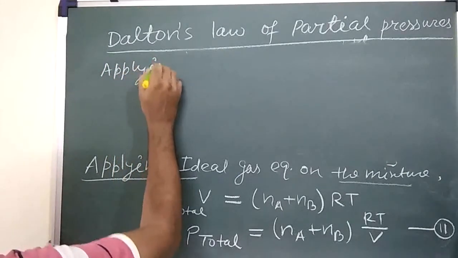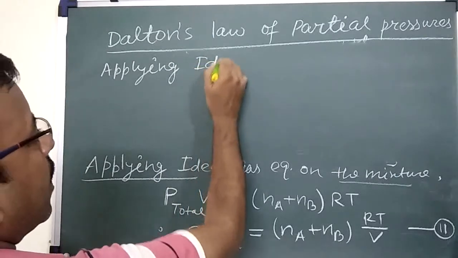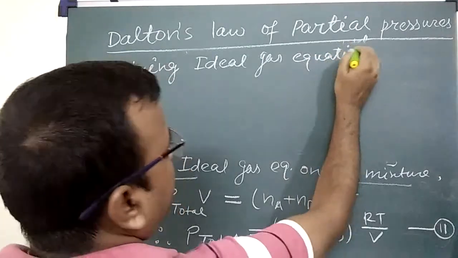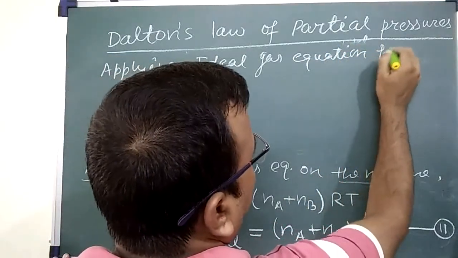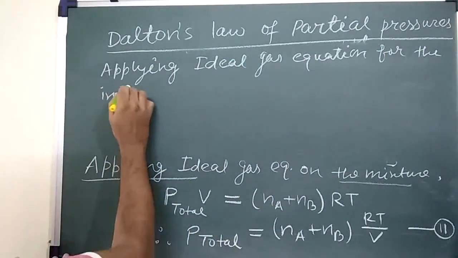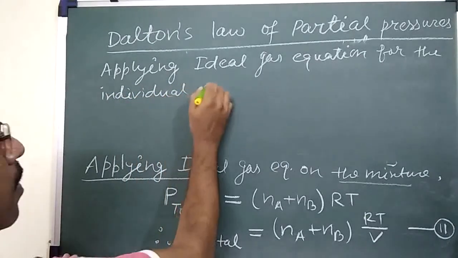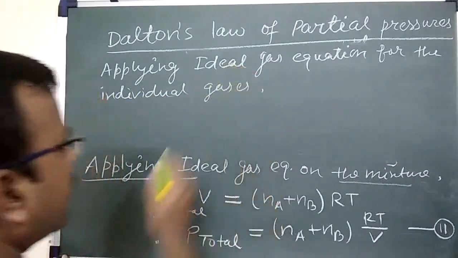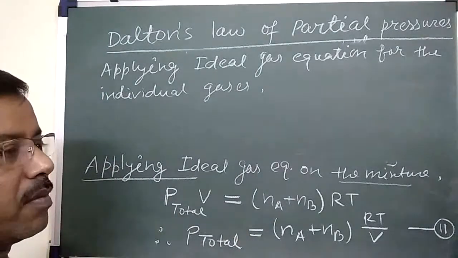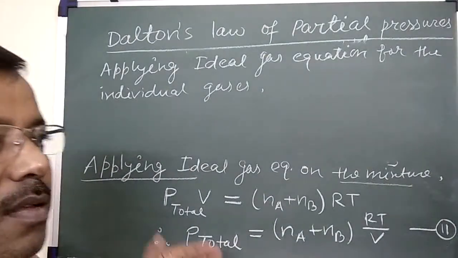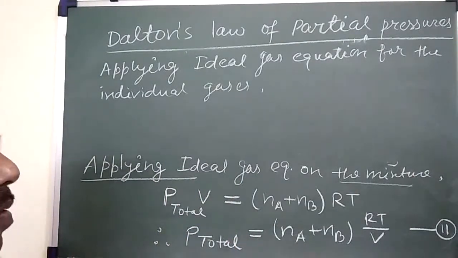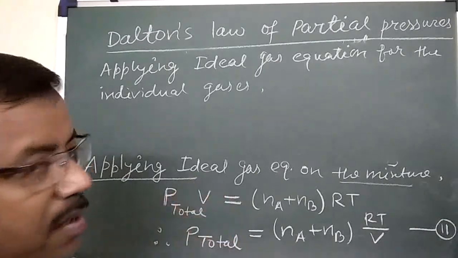Applying ideal gas equation for the individual gases. So we have taken only two gases. You can take 3, 4, 5, any number of them. It is not only for two gases. It is true for a mixture of more than two gases also. For convenience, I have taken only two gases.